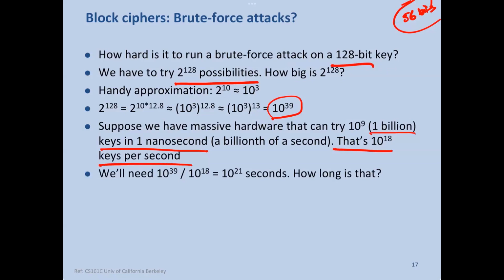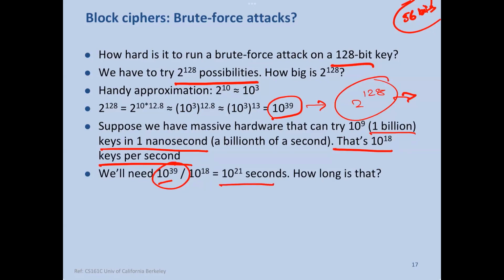So how much time will it take to do brute force with 10 raised to the power 39, which is 2 raised to the power 128? So many permutations are possible, and you have to find out which one by continuously checking.